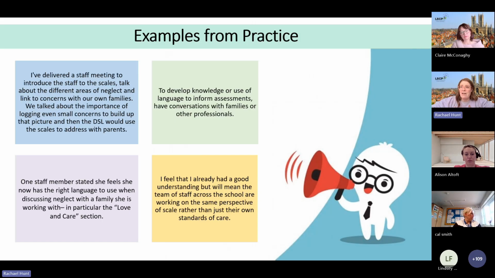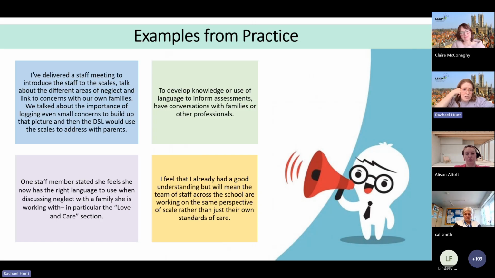If you're sharing with a family that your understanding of love and care isn't theirs, that can lead to really tricky conversations. And I think often people worry about closing that relationship off with that family when they're getting somewhere. So the member of staff said that now she'd seen the scales, the language in the scales would really encourage her to have that conversation around love and care. That was really nice to hear.